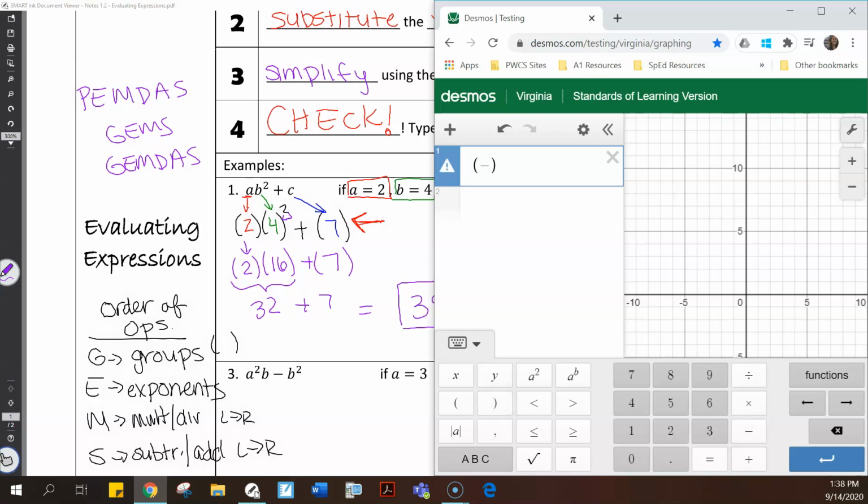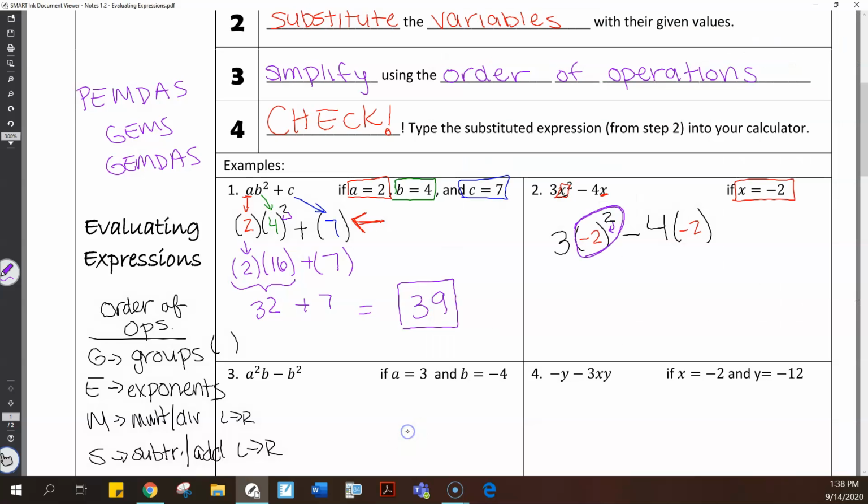So parentheses -2 and square that whole thing, and I'm going to get a +4. Make sure you're being careful when you square negative numbers. The -2 is inside that parentheses, which means -2 is the number being squared. So 3 comes down. -2 squared was +4, minus 4, parentheses, -2.